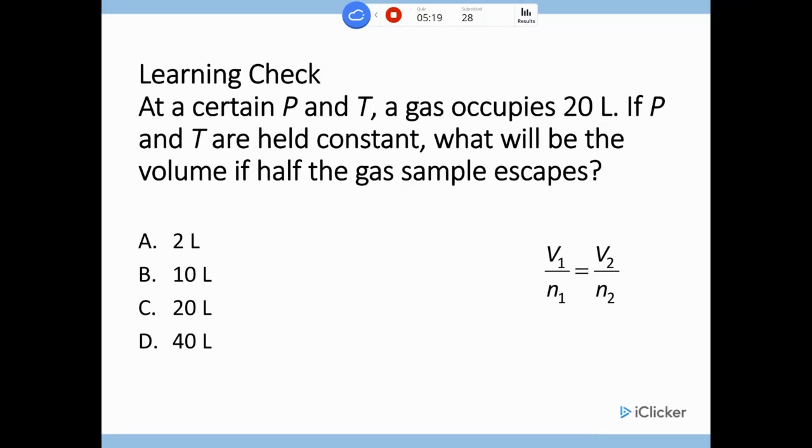You can't do anything. You would be, and then your N2 would be on the side. So you put them down here. And then you divide it.